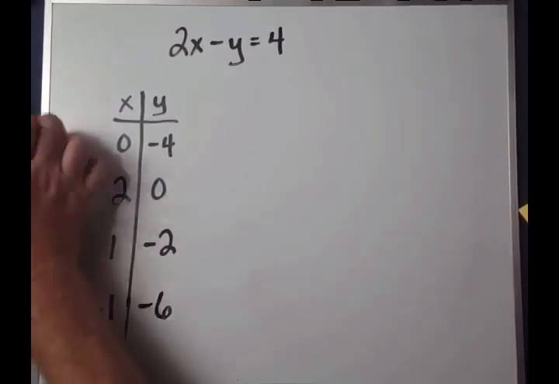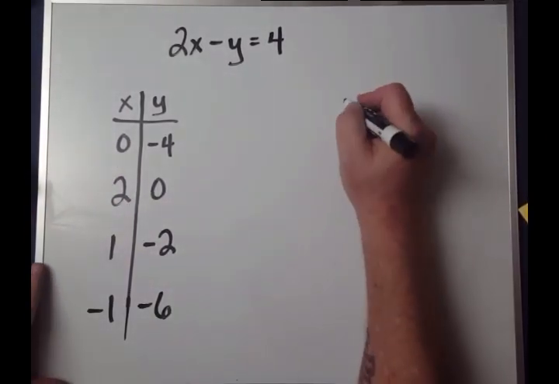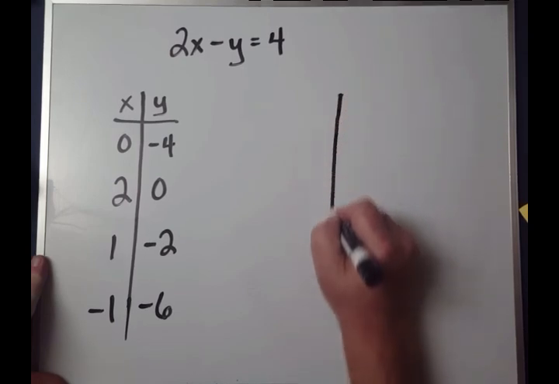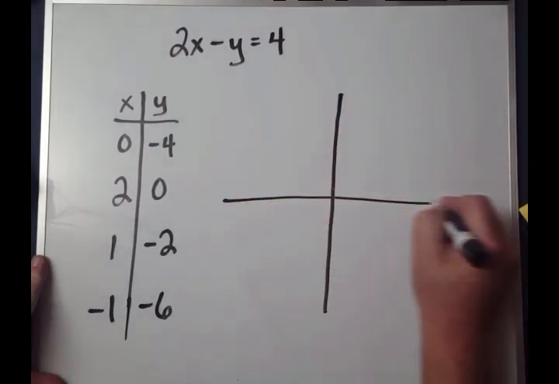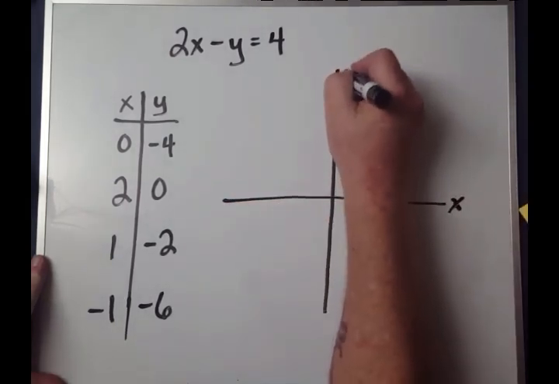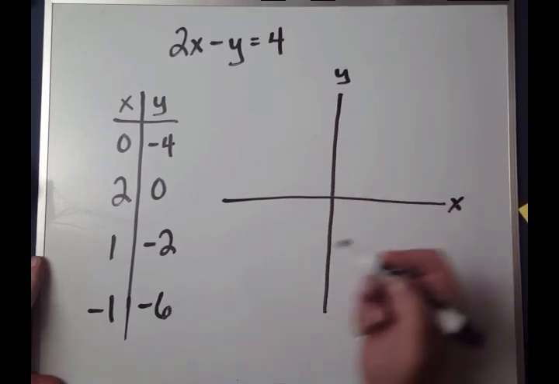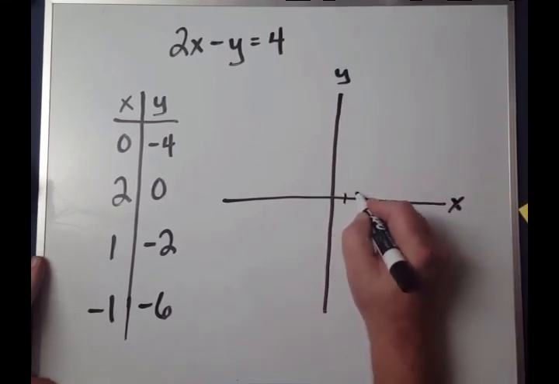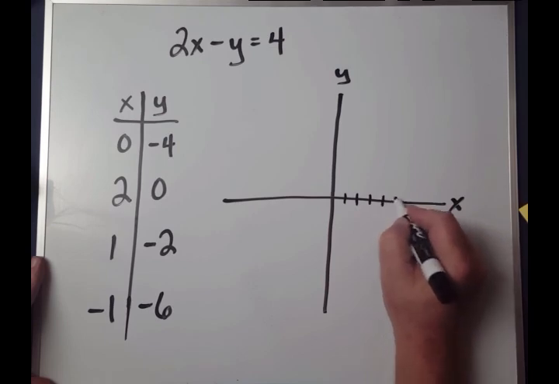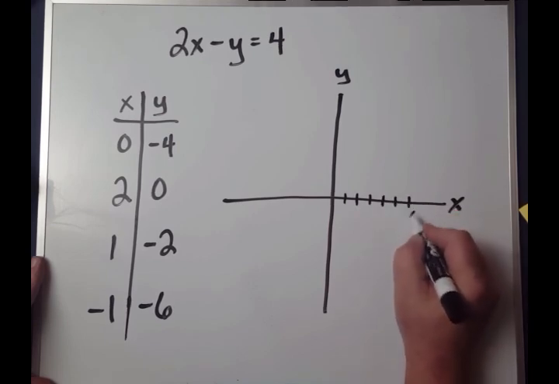Now she wants us to plot these points in the coordinate plane. There's a negative 6 here. Let's go out to 6 in all directions. And we want this to be kind of neat.